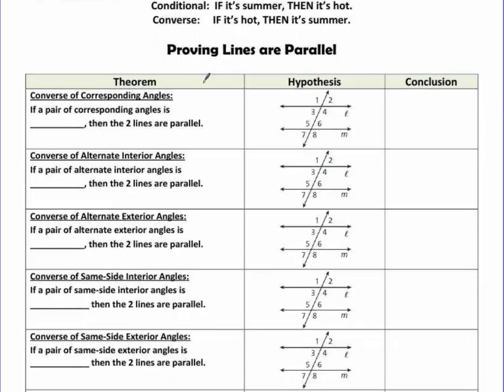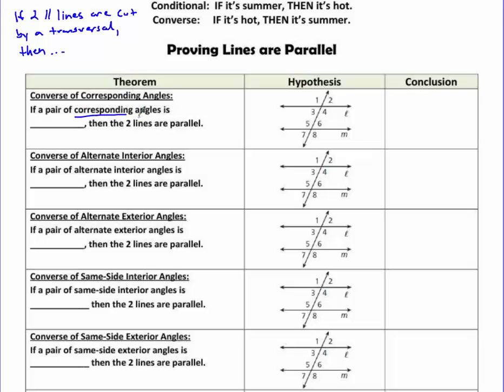Now, when you look at this first one, it says the converse of corresponding angles. Now, you probably remember us reading some sentences and talking about some theorems that started out like this. If two parallel lines are cut by a transversal, then, and we'd say something about the angles.